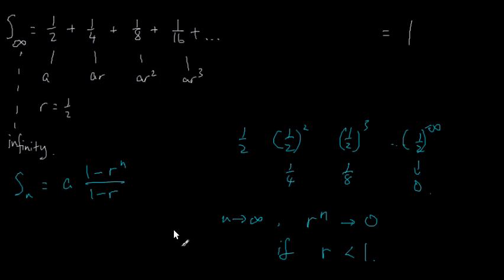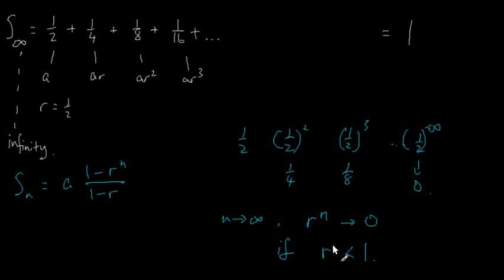Now let me be more precise here. Because if r is a negative number, let's say if r is negative 2, then I'm going to have negative 2 to some power. Then if the power gets very big, the power of negative 2 would also get very big.